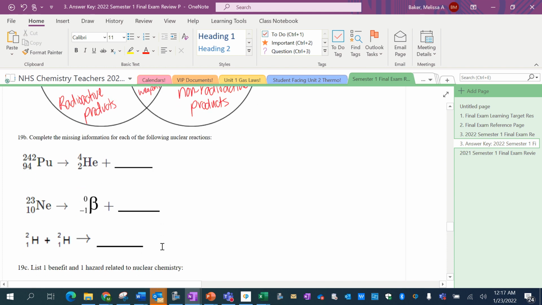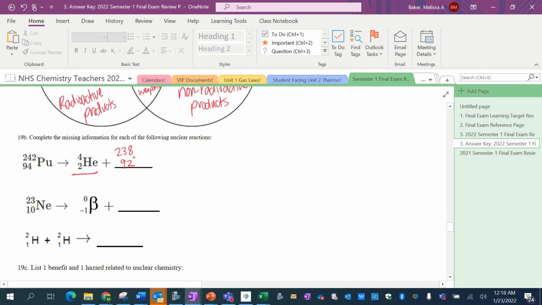All right, alpha, beta decay and fusion. Alpha decay always loses an alpha particle, which is the same size as a helium nucleus. So we need to subtract. So this would be 238 plus 242 minus 4, and then 92.